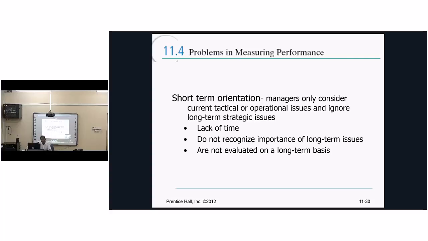Even at the top level, CEOs, managing directors and GMs get involved in operational issues, so they don't have time to think about the future, long-term strategic issues. And sometimes people don't recognize the importance of long-term issues.